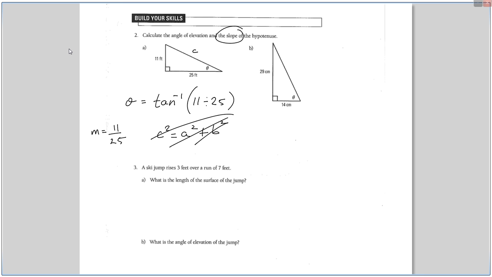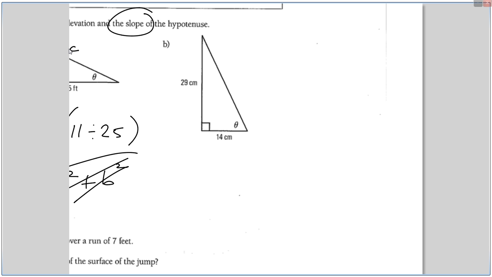Okay, we're good. So this one here, what's your first step? Calculate the... what do I type into my calculator? What divides what? Which one goes on top? 29 divided by 14. This is letter B. Okay?